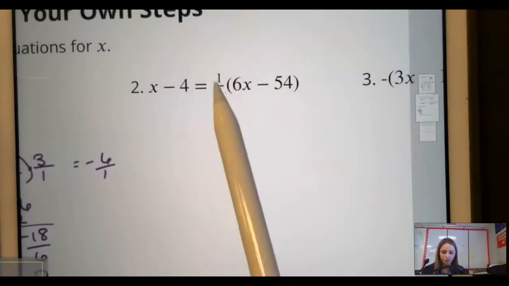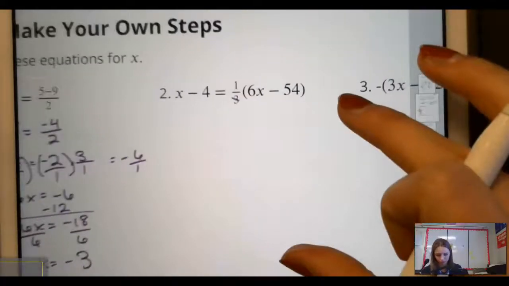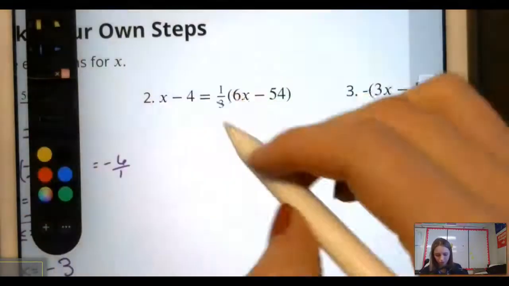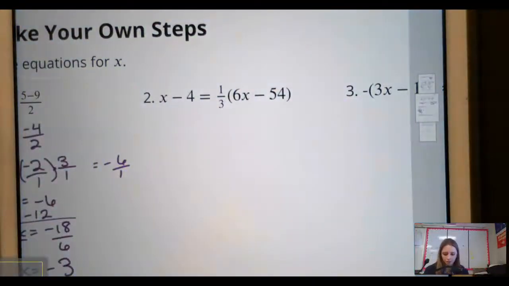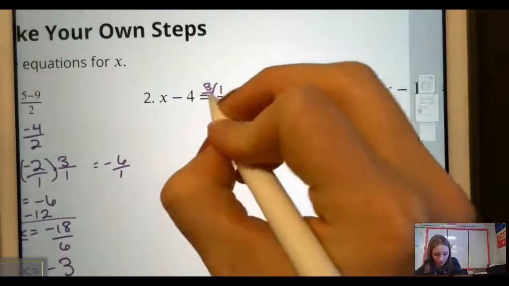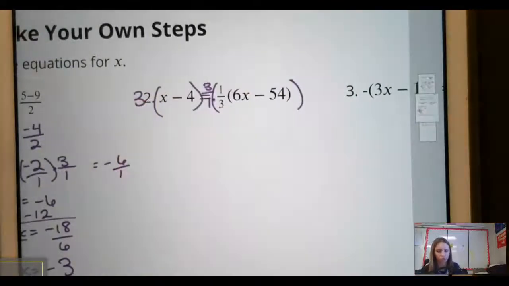Alright, so the first thing I notice is the fraction. Okay, so my fraction here, I want to remove that. So in order to do that, I need to multiply by 3 over 1, which is my reciprocal. And I have to do that on the other side as well.